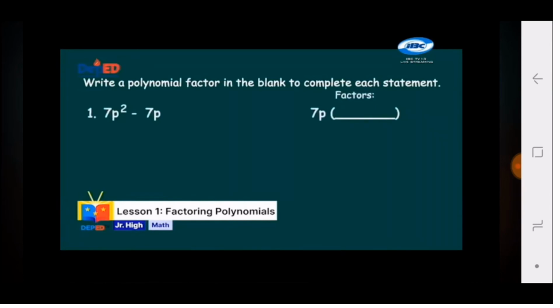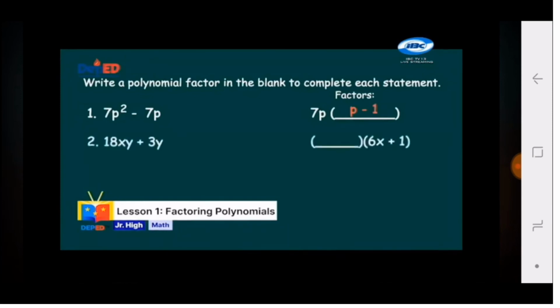Number 1, 7p squared minus 7p is equal to 7p times the quantity of what polynomial? The answer is p minus 1.